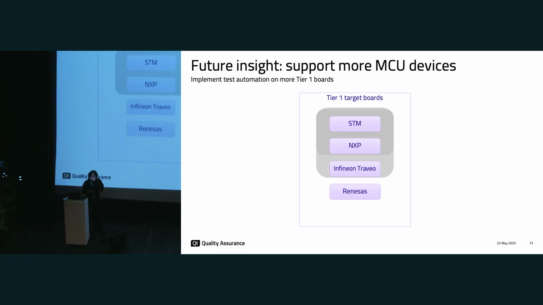And in the future, we plan to extend the support to more boards that are currently in Tier 2 and Tier 3 categories. And probably the next one is going to be this one, the Espressif ESP32 device.